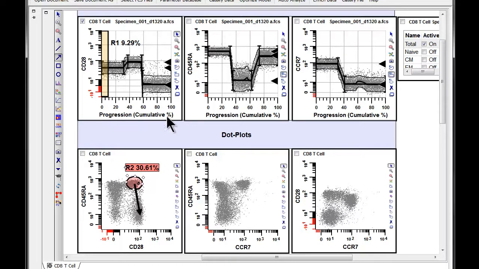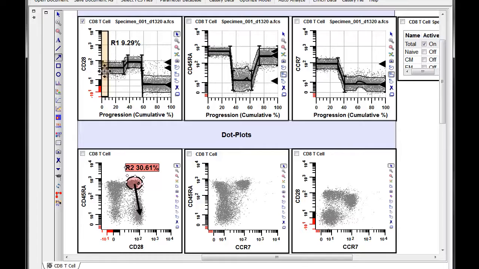It's called cumulative percent, and I'll explain that in just a second. And then related to the cumulative percent or progression are the CD28 marker, CD45RA, and the CCR7.